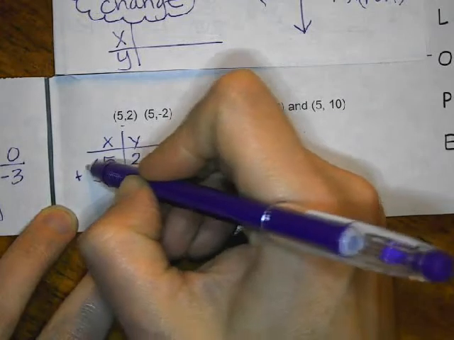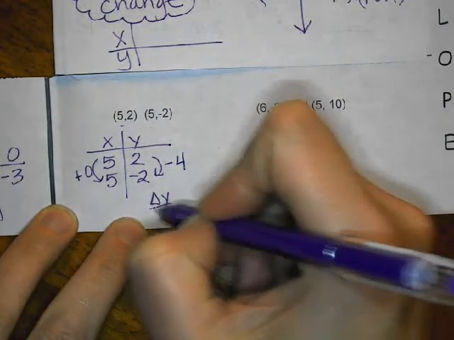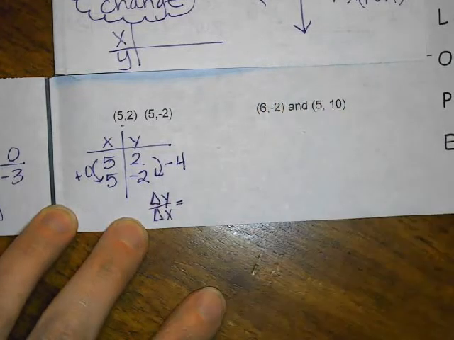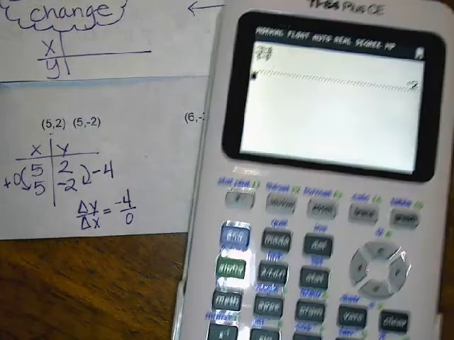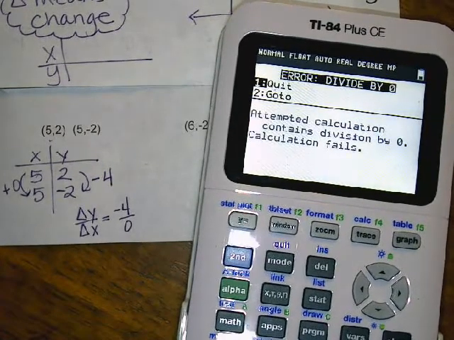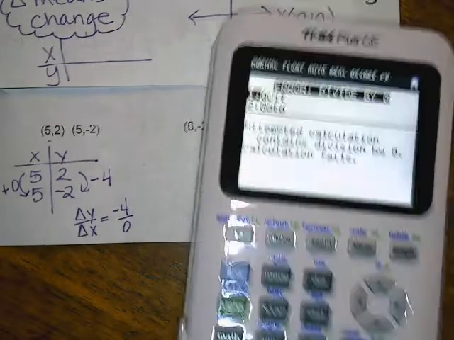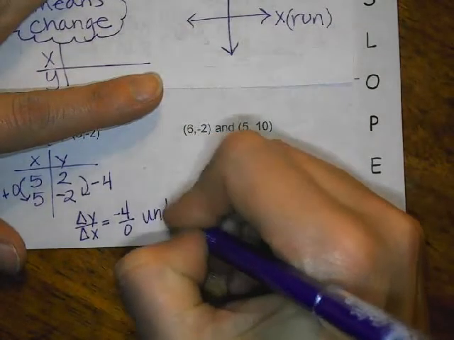This went +0. So it's rise over run, where the rise is the y's. So change in y over change in x. That's -4 divided by 0. And when I type that on my calculator, -4 divided by 0, I get my calculator cursing at me once again. So what is this one? This one is undefined.